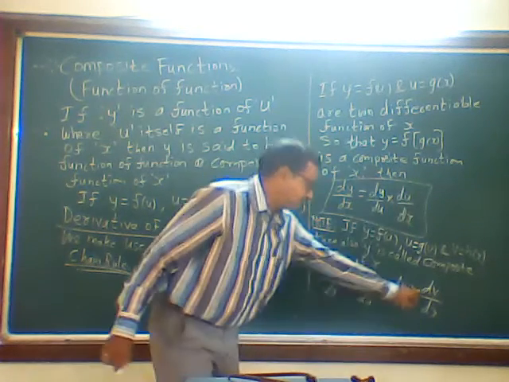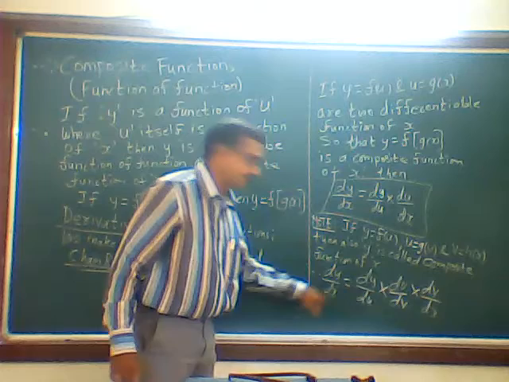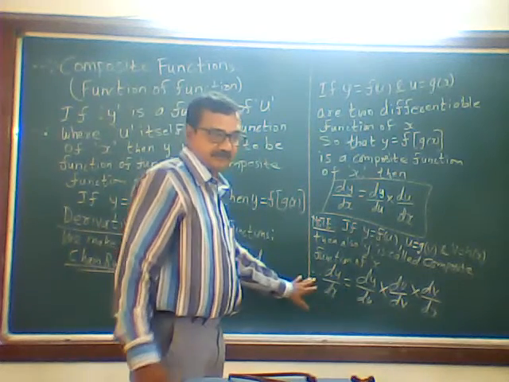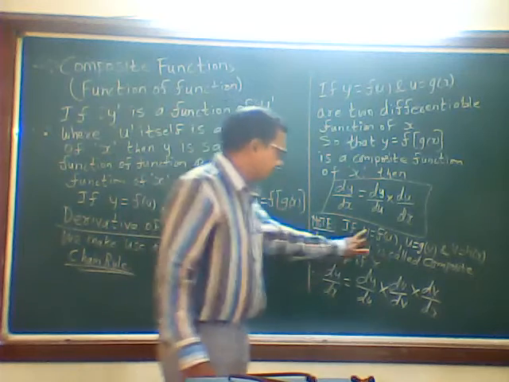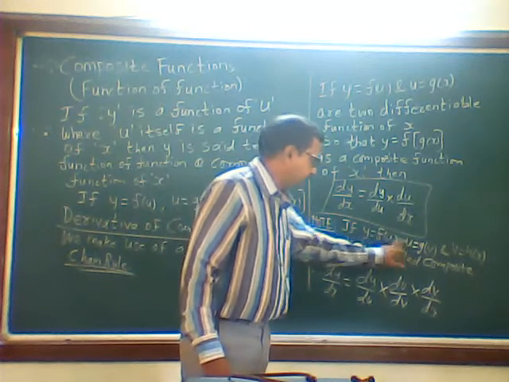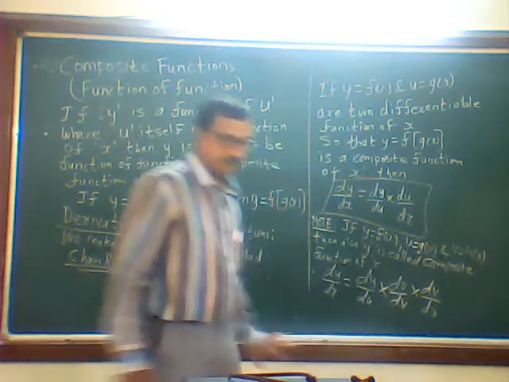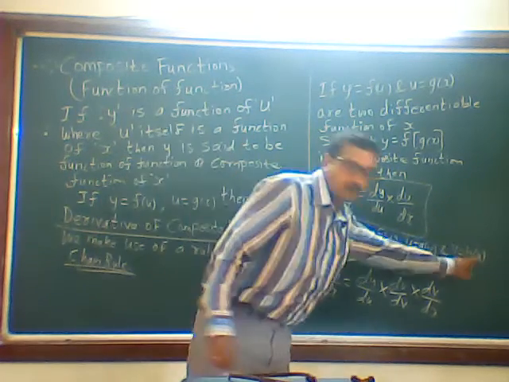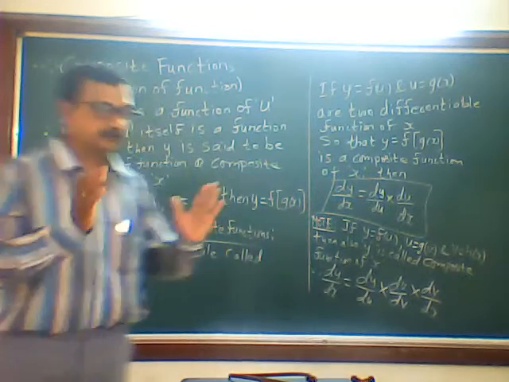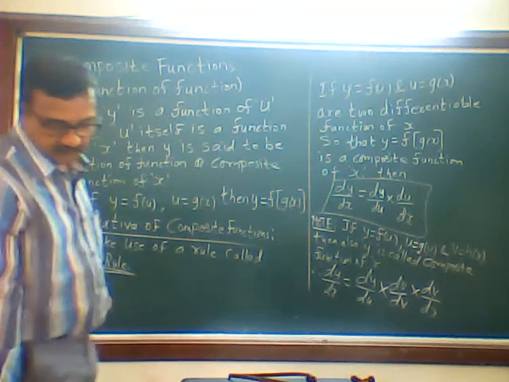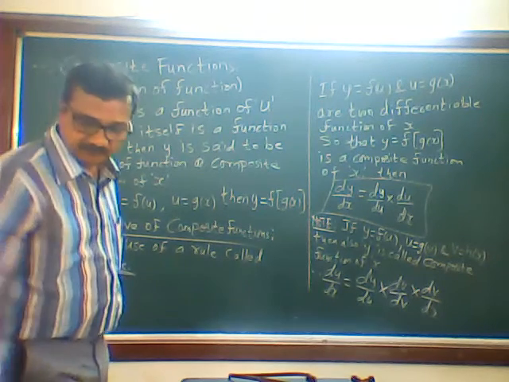See here, dv cancels, du cancels; we are not going to cancel it, I'm just telling you whether we have written it properly or not. The starting point is y, the ending point is x, so between that we write dy by dx. Got it? Okay. Now we will do simple examples from this.